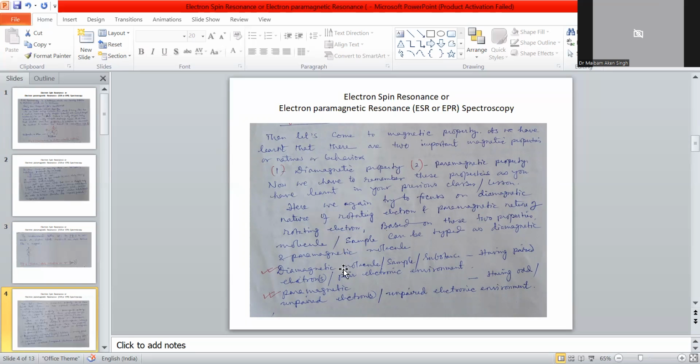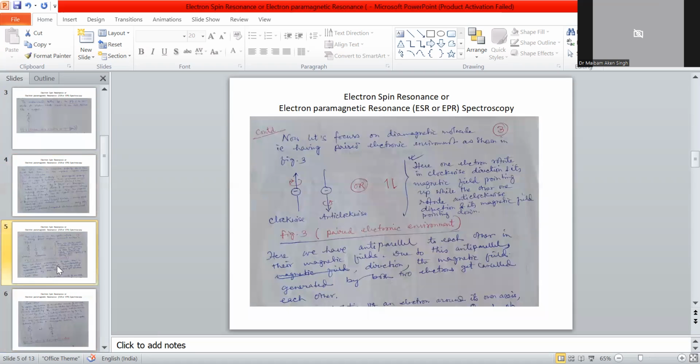Now, let us focus on the diamagnetic behavior of a molecule having paired electrons: one electron rotates clockwise and the other anti-clockwise to get stability.